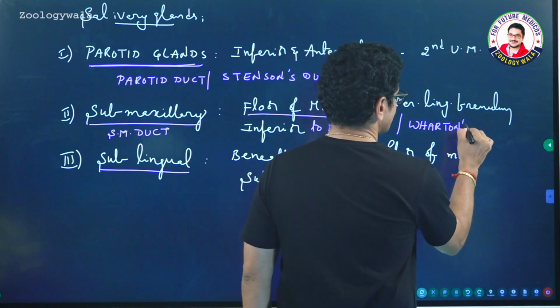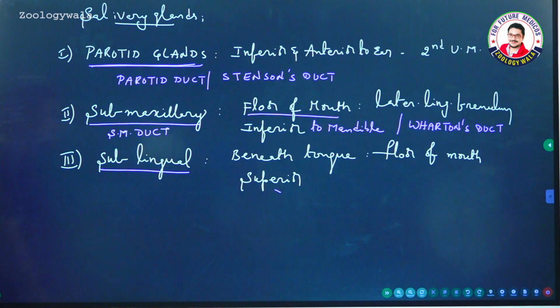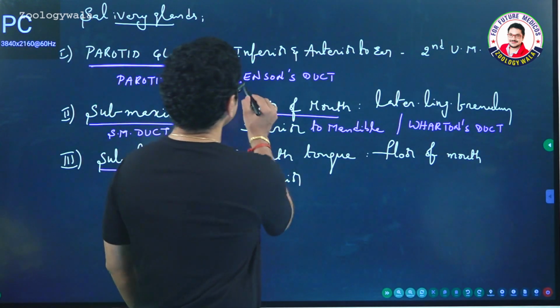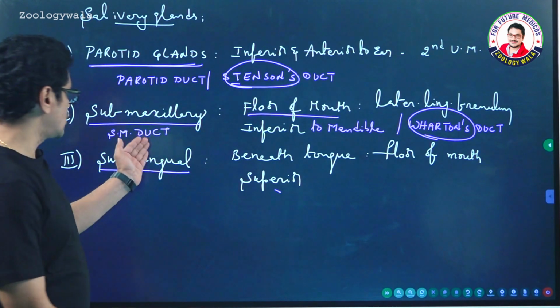Here it is Stenson's duct, and here it is Wharton's duct.